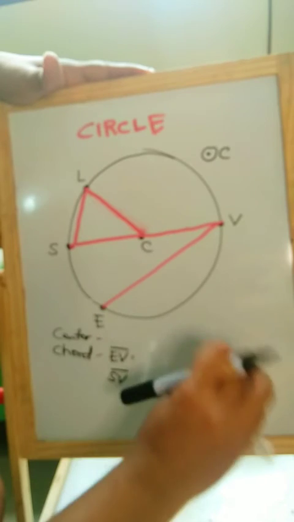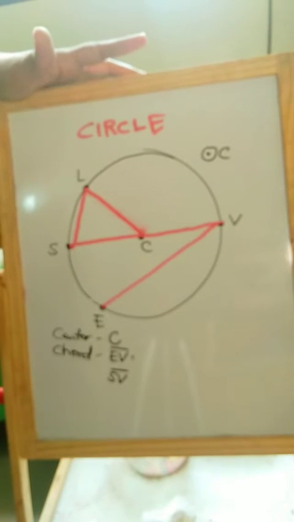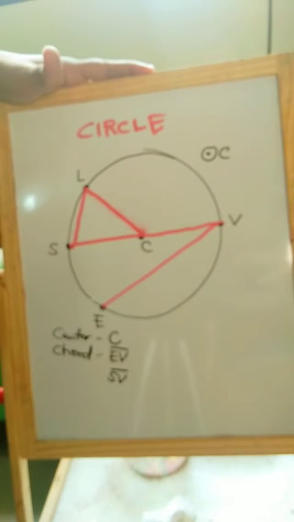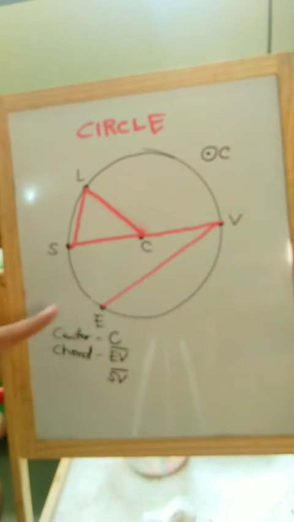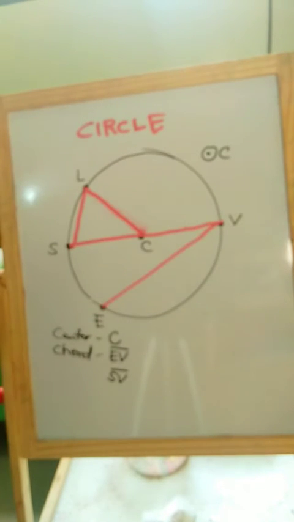Okay, o dito, let's just name the center as C. So, we have two chords in this particular illustration of your circle. We have segment EV or VE, pwede yung magkabaliktad to, and we have the segment SV or VS. Parehas lang yun, okay?